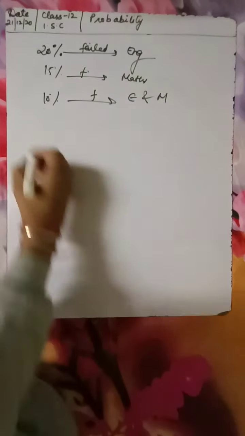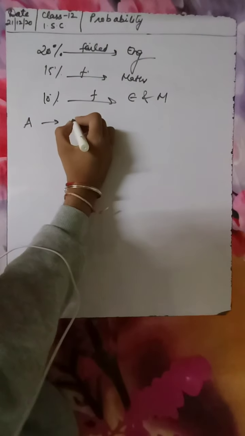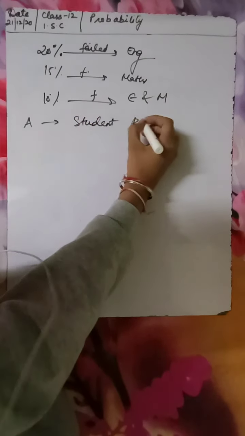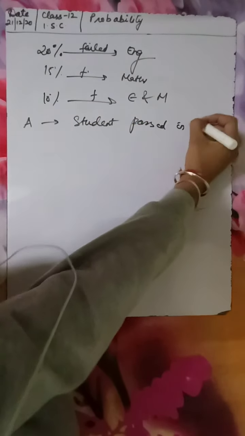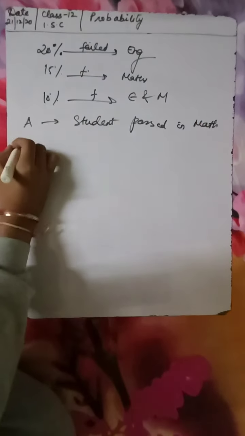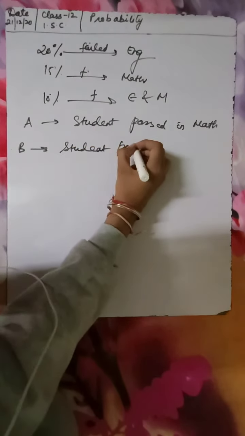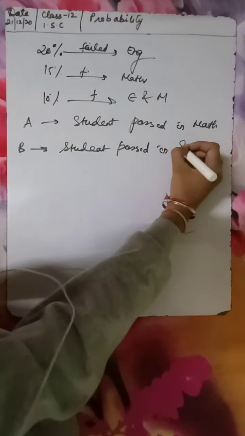So let us consider event A: the student passed in mathematics, and event B: the student passed in English.